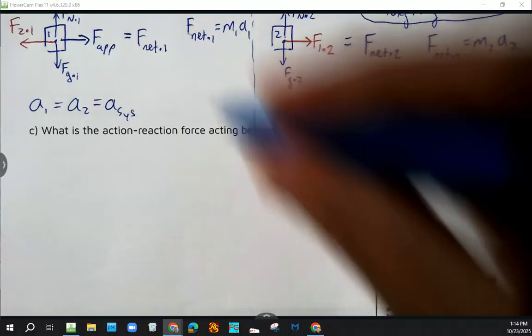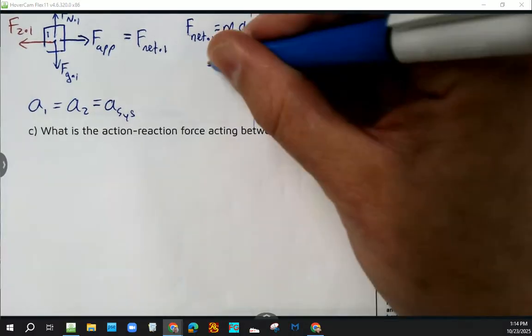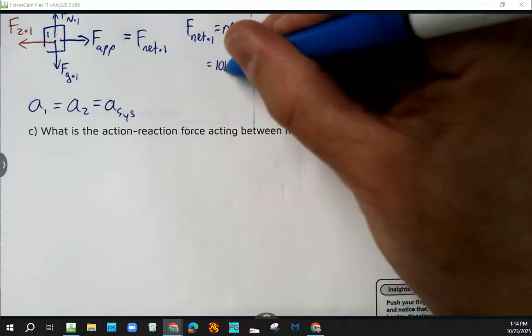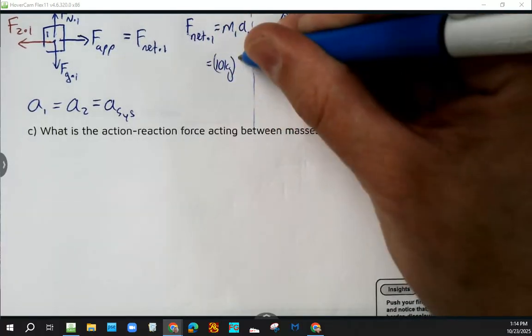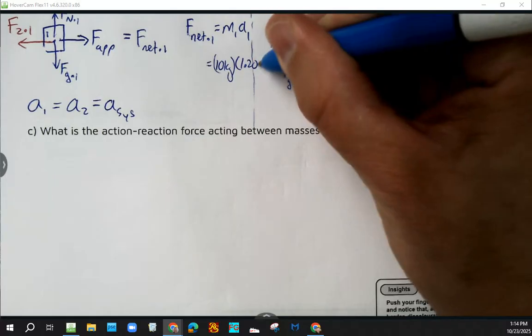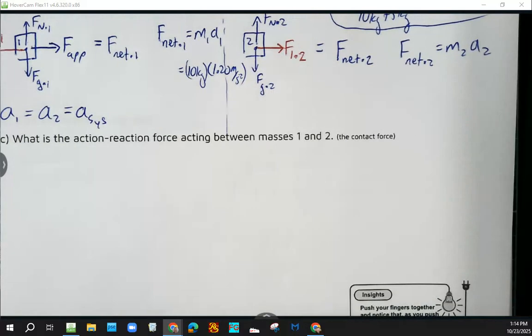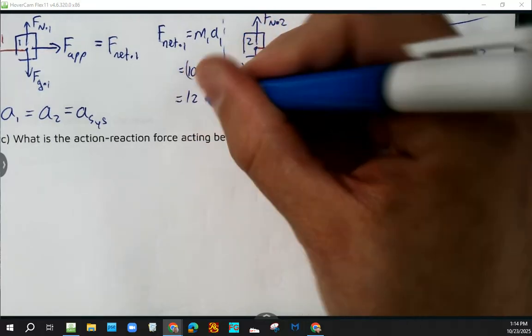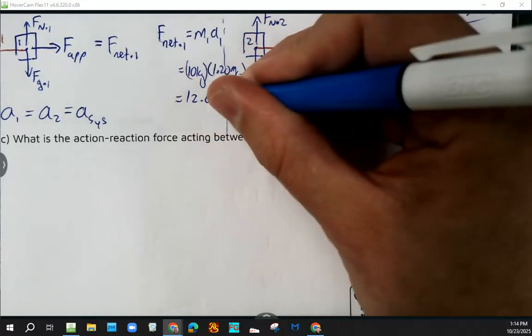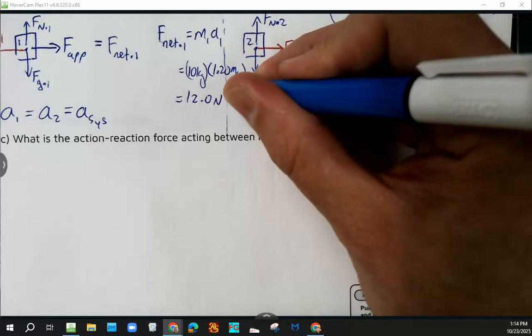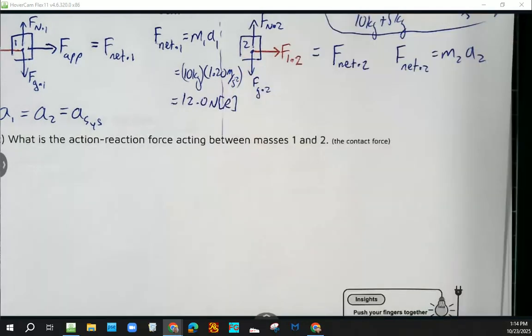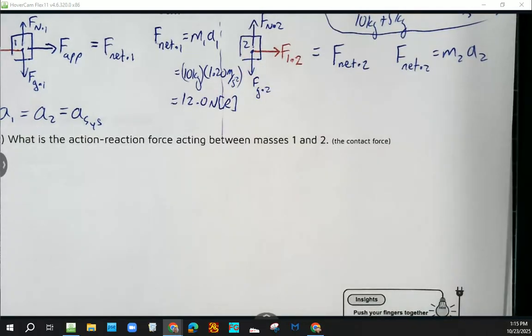So if I want to find F net 1, I'd say, okay, well, mass 1 is 10 kilograms. Acceleration 1 is 1.20 meters per second squared. We figured that out earlier. 10 times 1.2 is 12.0 newtons. Now it happens to be 12.0 newtons to the right because it's positive. I want to take a look at this guy over here.